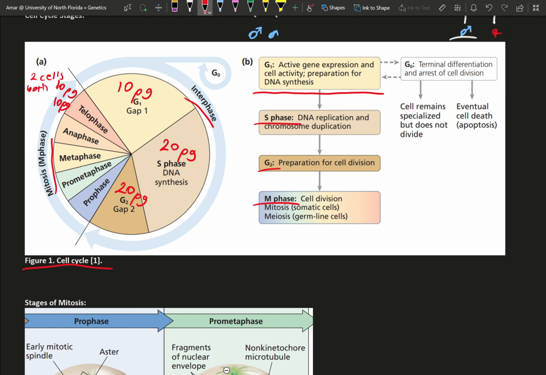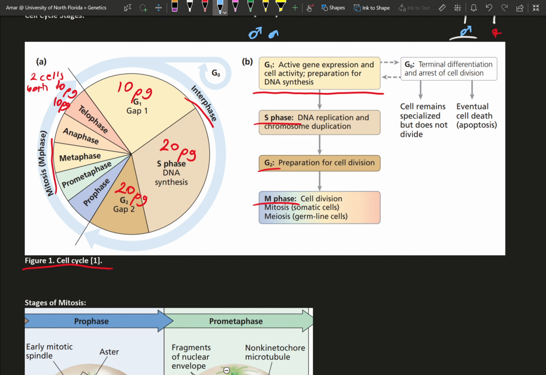Now, obviously, there are also checkpoints at different parts of the cell cycle. These checkpoints are very important to maintain the stability of the cell and keep it from turning into a cancerous cell. So also be aware of that.